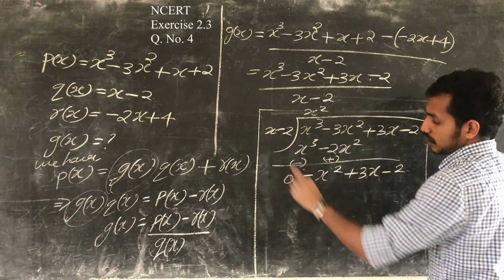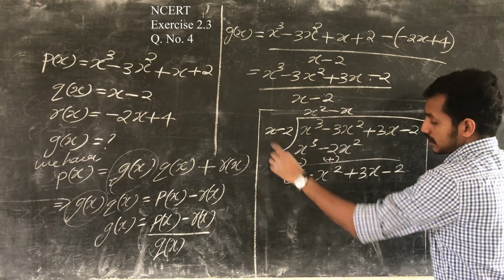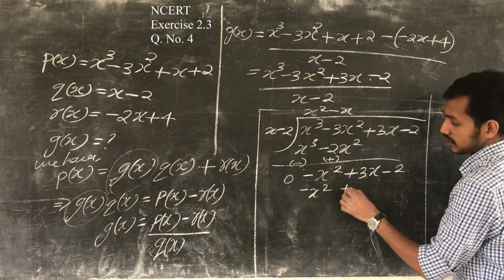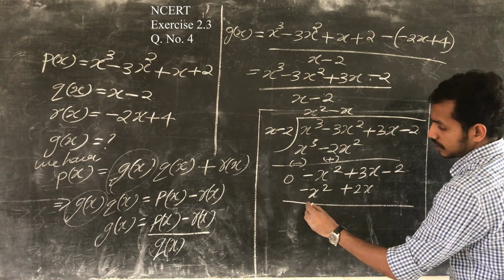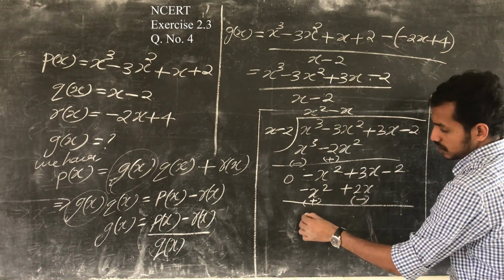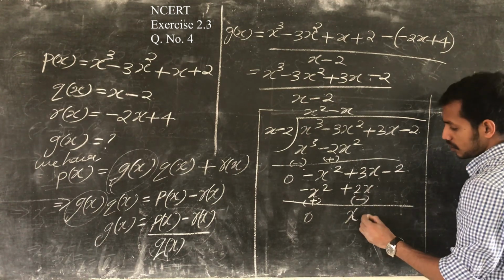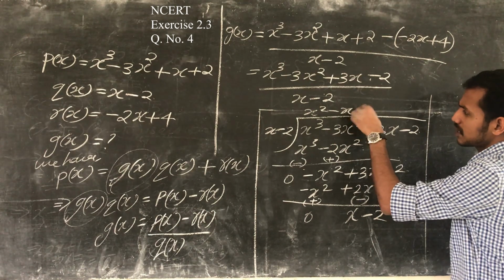Again, minus x square by x will be minus x. Minus x into x is minus x square. Minus x into minus 2 will be plus 2x. Clear? Subtract it. Minus will be plus. Plus will be minus. 0. 3x minus 2x will be x minus 2. x minus 2 by x minus 2, directly we can write plus 1.